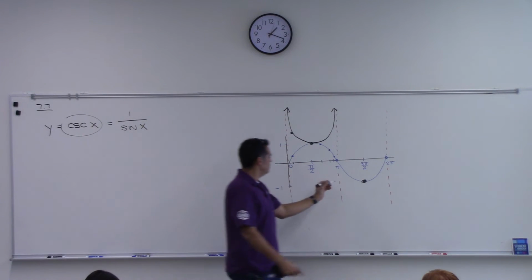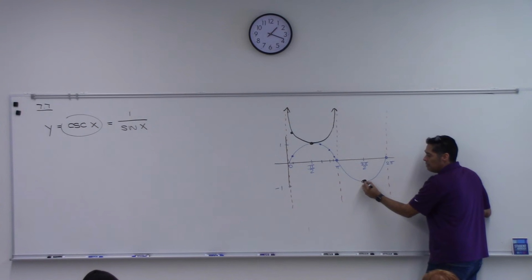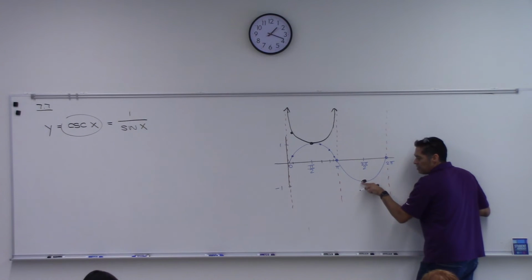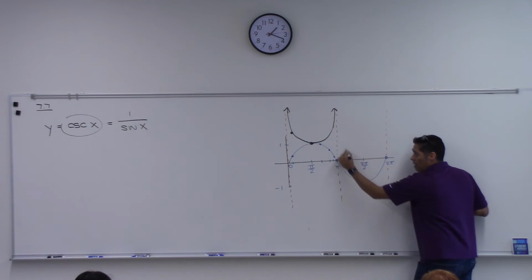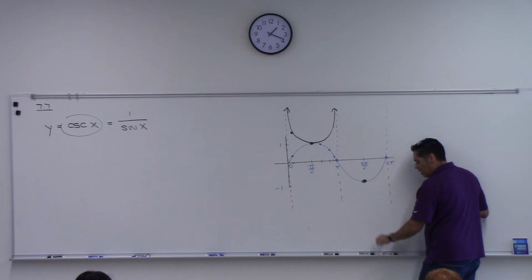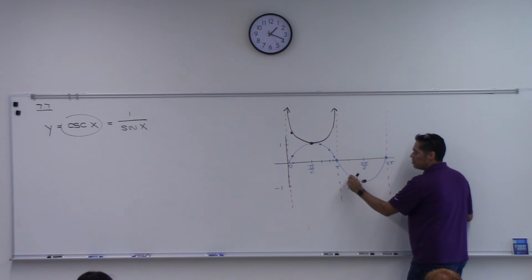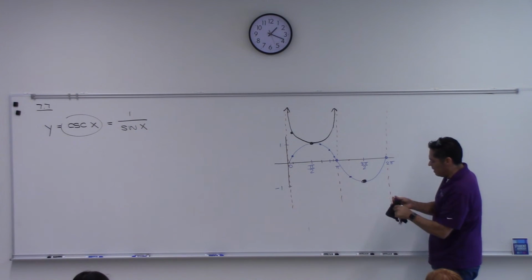Let's go over here. This point we know is on cosecant. What do you think happens as I start to draw it this way? Do you think I go up, like another thing like that, or do you think it goes down? It's going to go down. Let's think about why, though. If you plug values into the sine function, this is a negative number, isn't it?